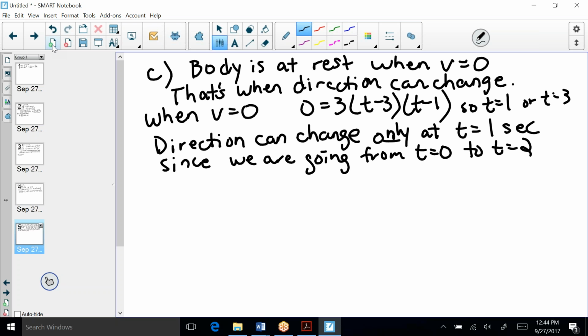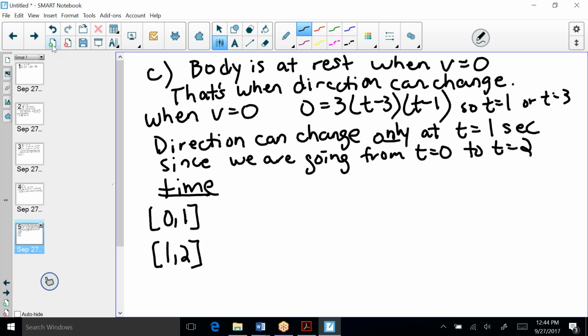All right, so let's look at the time interval. We don't know what's happening between 0 and 1 second, but 1 second is the only time that it could possibly change direction. So we're going to see what's happening between 0 and 1 seconds, and then we're going to see what's happening between 1 and 2 seconds.